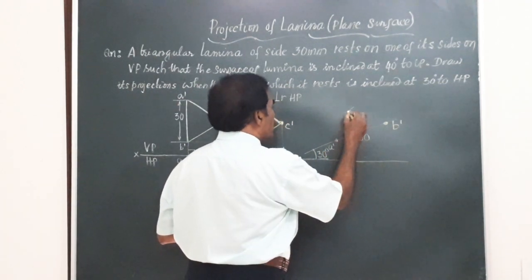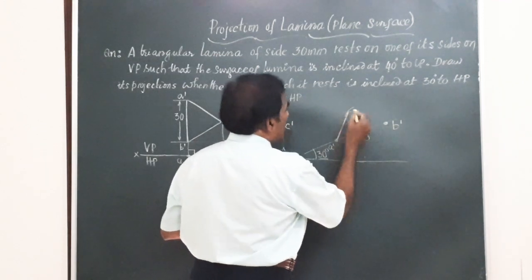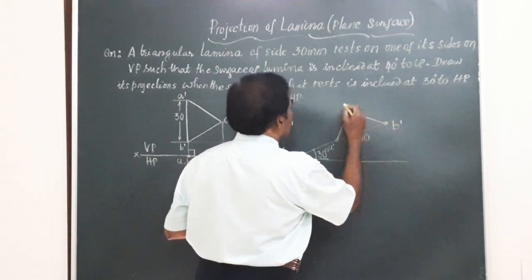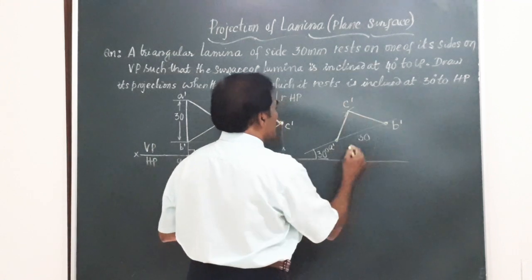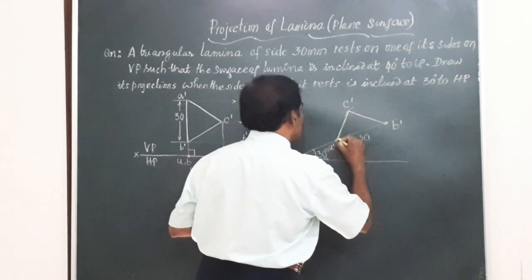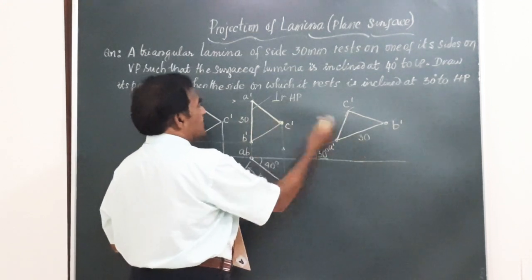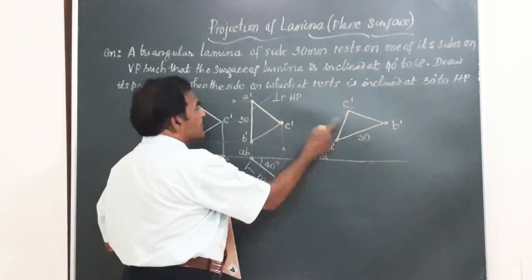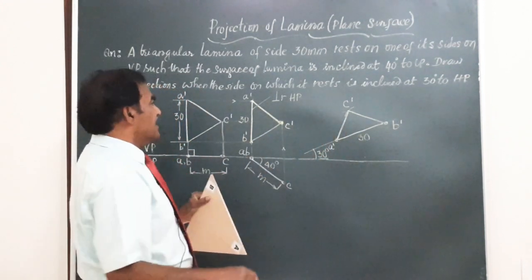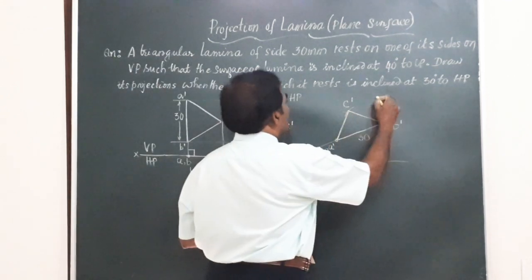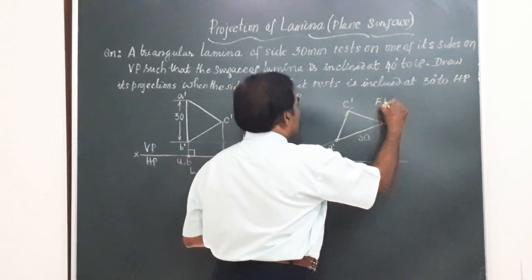Friends, these two are going to intersect and you are going to obtain the point C dash. So when you just compare these two figures, figure number 2 and 3, say or 1 and 2, whatever you call, these two figures are exactly identical. This is the final front view of the lamina.